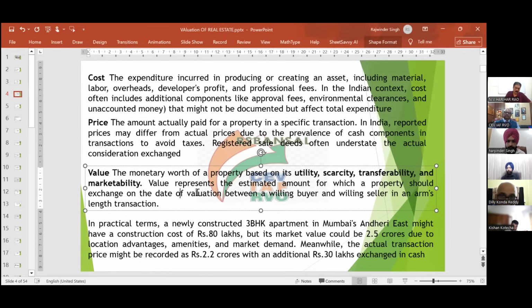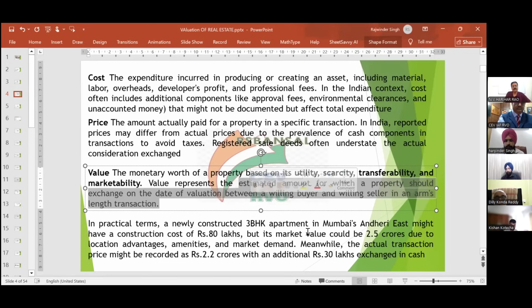So value represents, basically whenever you do valuation, it means you have found out the estimated amount for which a property should exchange on the date of valuation between a willing buyer and a willing seller in an arm's length transaction. Value is an estimated amount for which a property should exchange on the date of valuation.